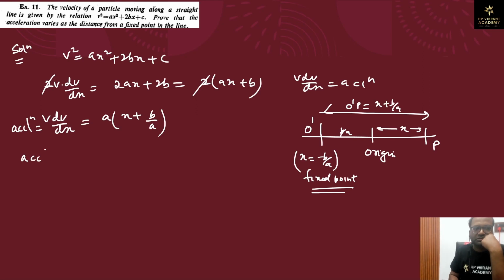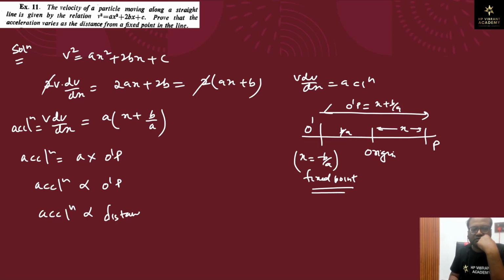So we have acceleration is equal to a times O dash P. This means acceleration is proportional to O dash P, that is, proportional to the distance of point P from the fixed point, which we have considered as x equal to minus b by a.